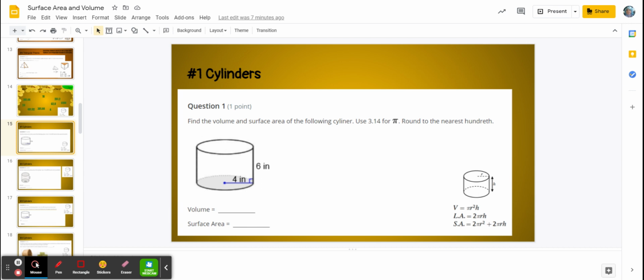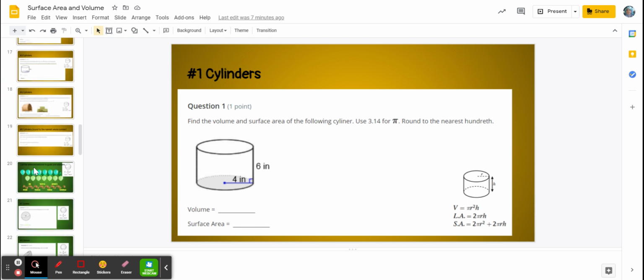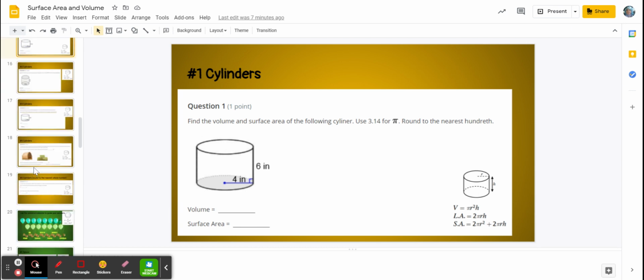LA is lateral area. So when you're looking at the formula sheet, anything that says LA is just the sides. Let me show you on the formula sheet. Anywhere you have LA, that's lateral area, the sides around the shape.